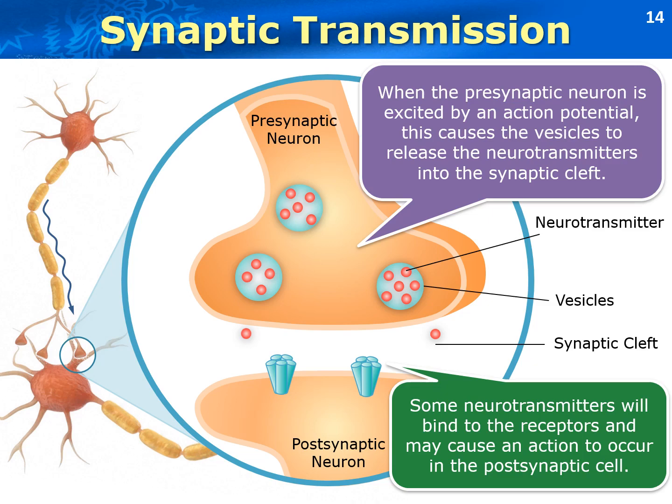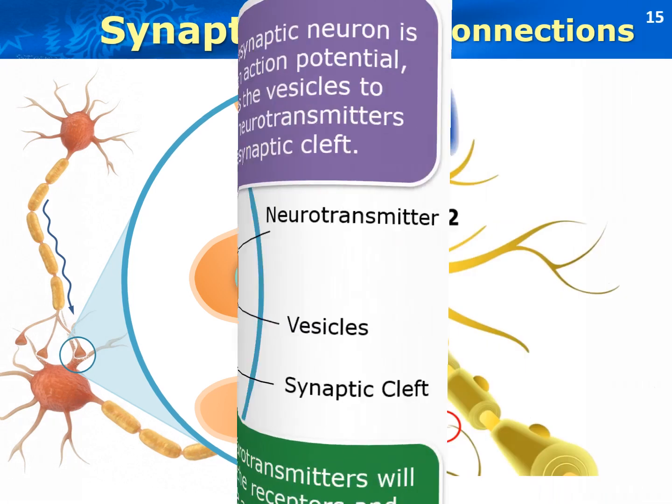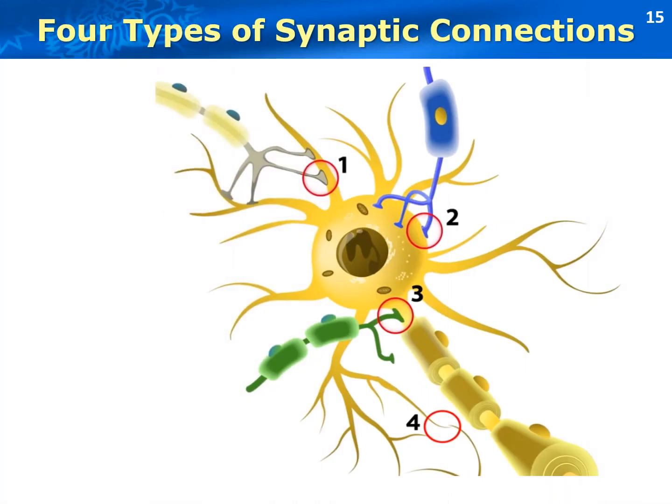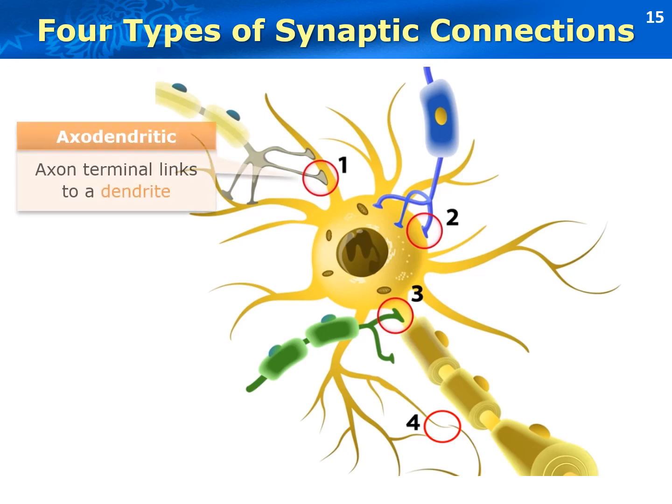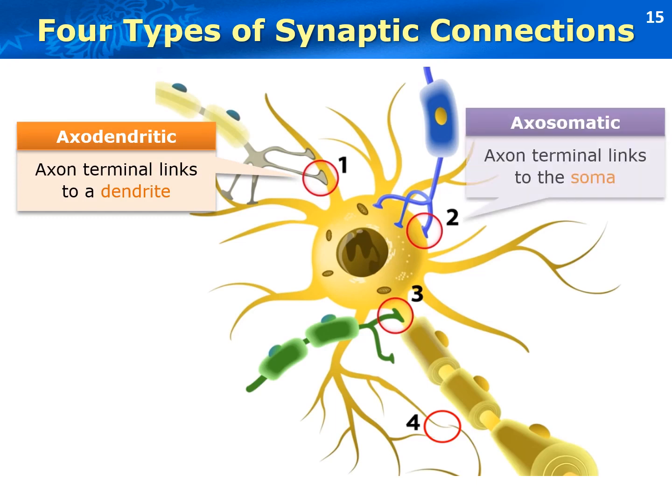Last but not least, let's take a look at the 4 types of neurosynaptic connections, which depend on the location where the synapses connect to the postsynaptic neuron. Axodendritic synapses refer to the axon terminal connecting to a dendrite, while axosomatic synapses refer to the axon terminal linking to the cell body.